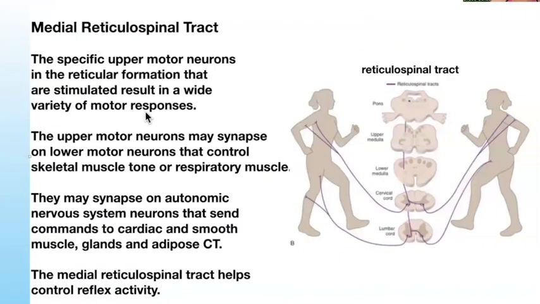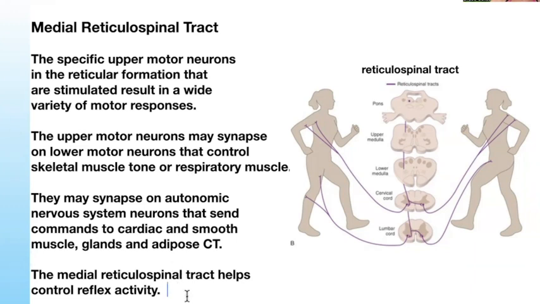The specific upper motor neurons in the reticular formation that are stimulated result in a wide variety of motor responses. The upper motor neurons may synapse on lower motor neurons that control skeletal muscle tone or respiratory muscles. They may synapse on autonomic nervous system neurons that send commands to cardiac muscle, smooth muscle, glands, and adipose tissue. The medial reticulospinal tract helps control reflex activity.